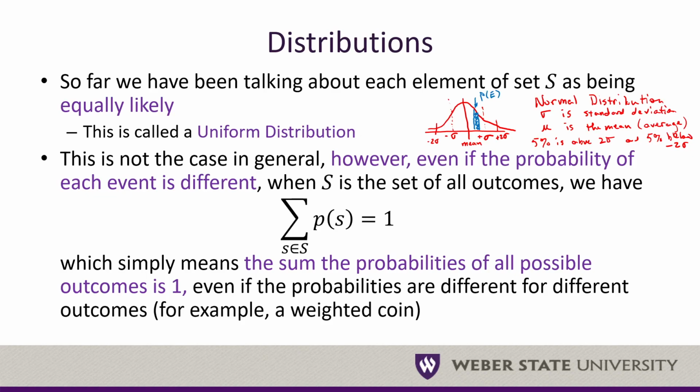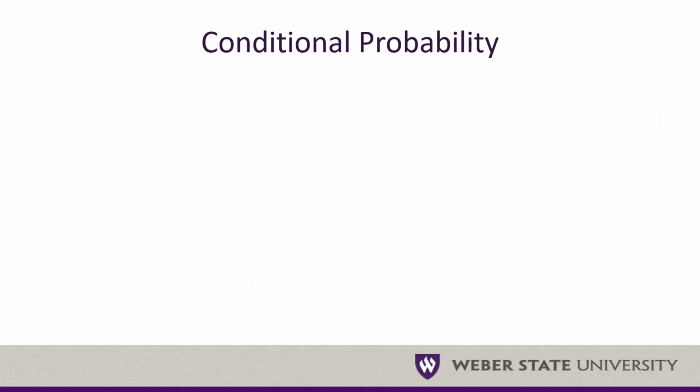The sum of the probabilities of all possible outcomes is always going to be 1. Okay, so even if the individual events don't have the same outcome.